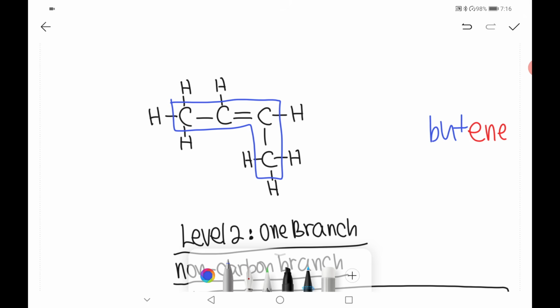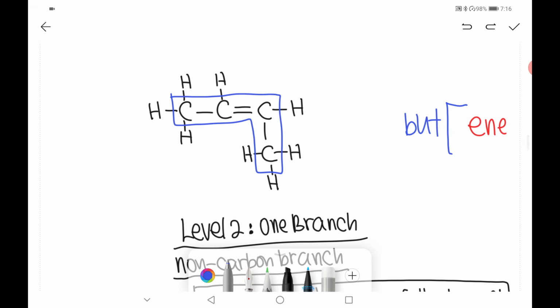Remember, you don't let it stick together now, because you need to leave a space. This space is for you to put in the location of the double bond.